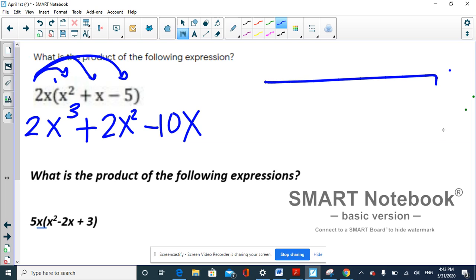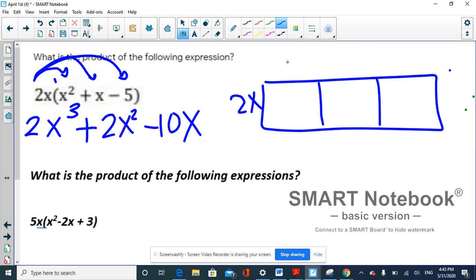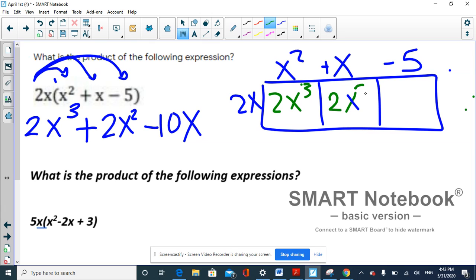You can use the box method. You can put 2x here, multiply by x squared plus x minus 5, and it will give you the same answer: 2x times x squared, 2x to the third power, 2x times x, 2x squared, 2x times negative 5, negative 10x.